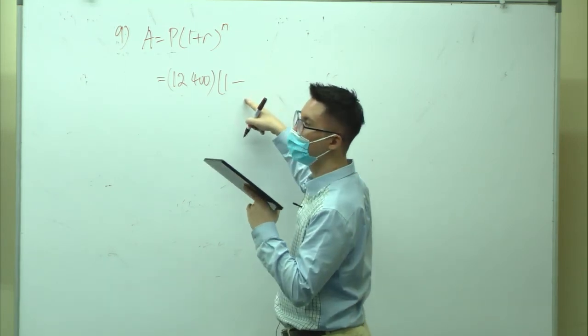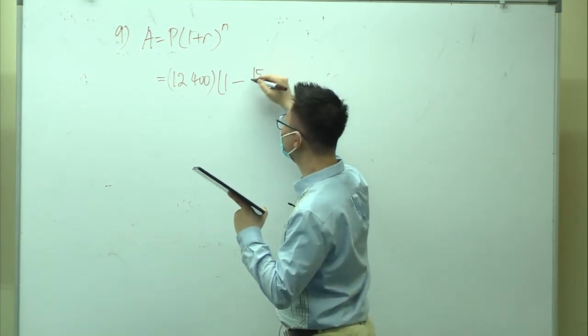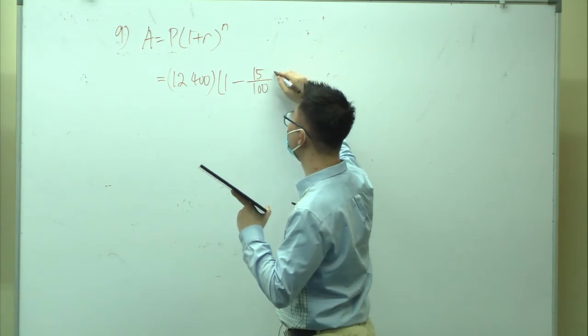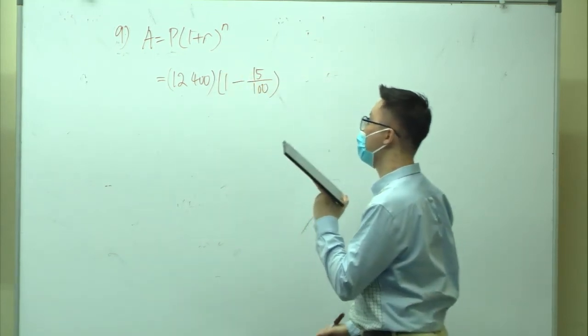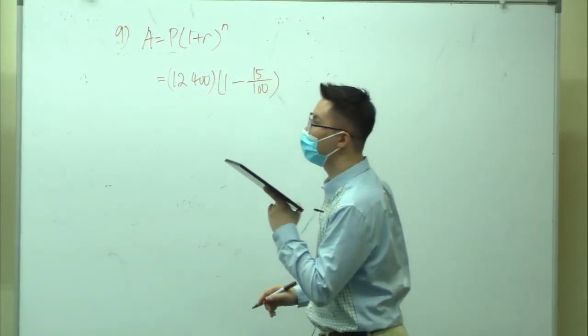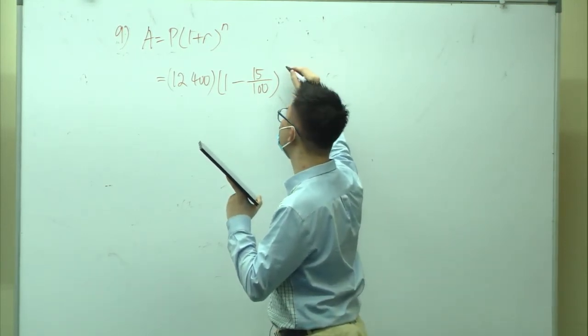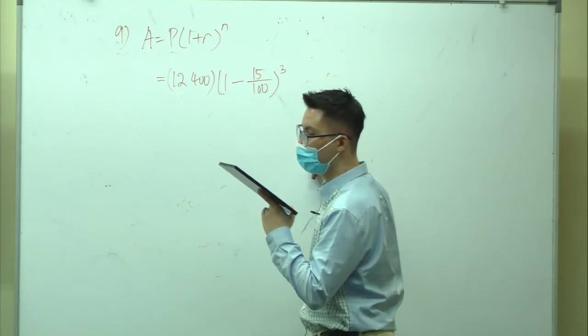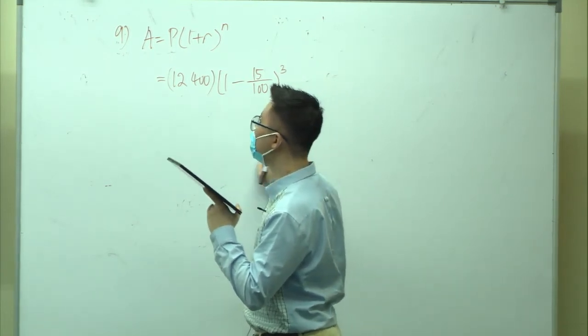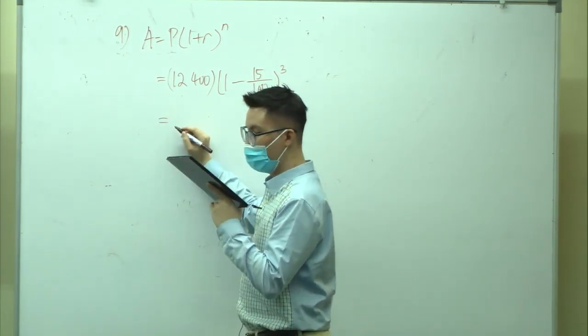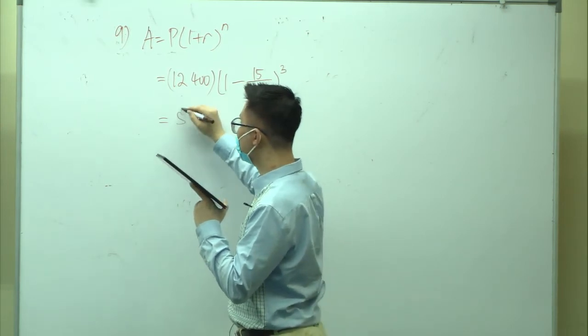1 minus 15 over 100. This is the rate. Always over 100, the percentage over 100. Then this N is 3 years. So you get the final answer.